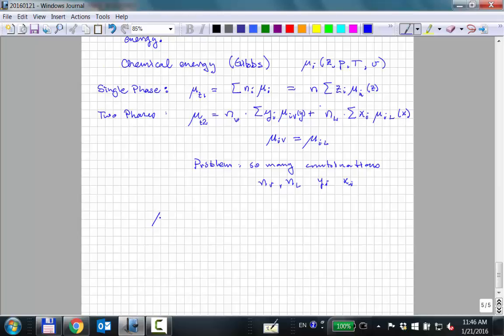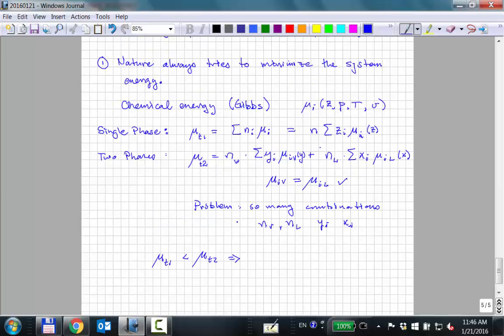Now, if the total energy for one phase is less than the total energy for a two phase, where you've satisfied this set of constraints, then it's going to be what? Single phase or two phase?